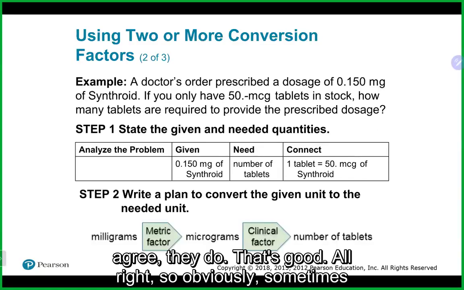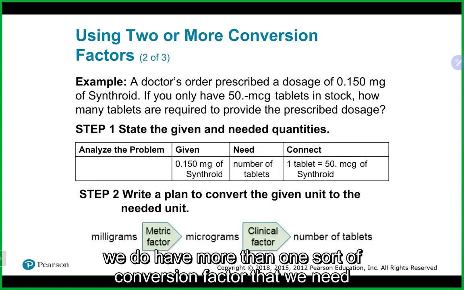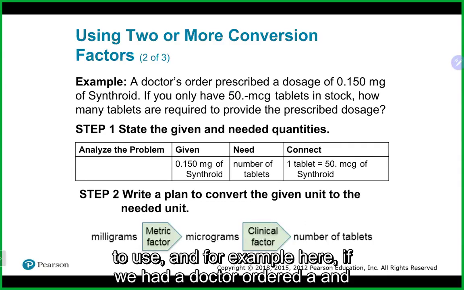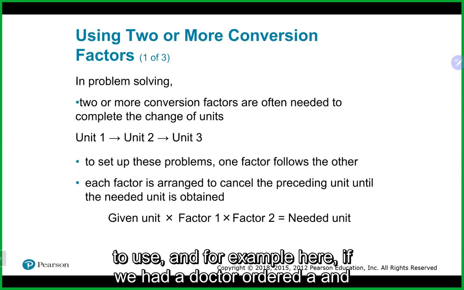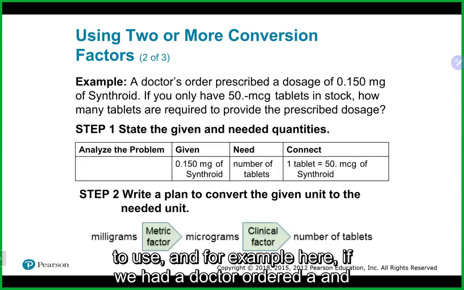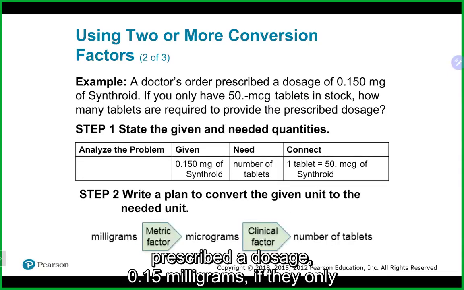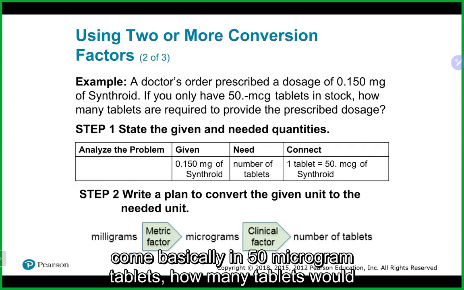So obviously, sometimes we do have more than one conversion factor that we need to use. For example, here, if a doctor ordered and prescribed a dosage of 0.15 milligrams, if they only come in 50 microgram tablets, how many tablets will need to be used?